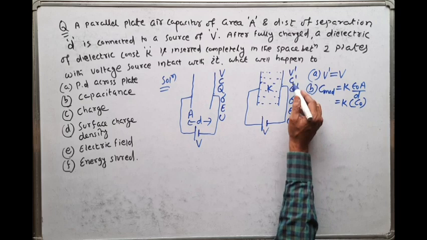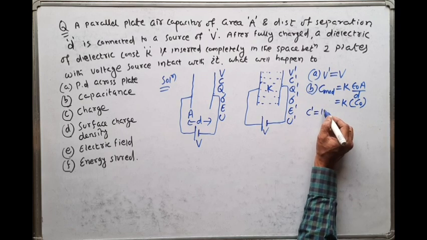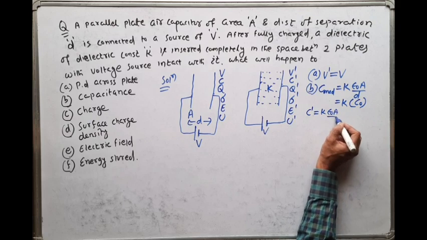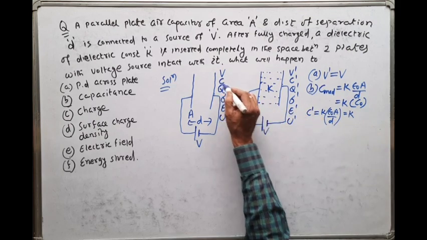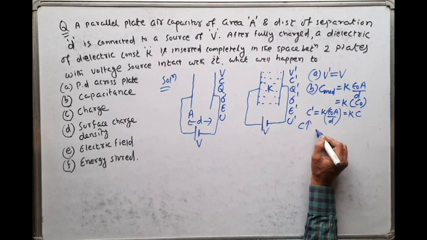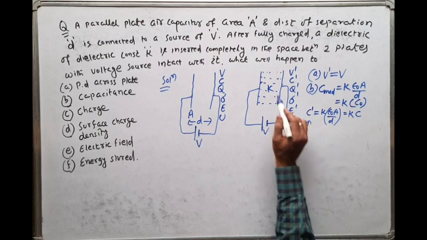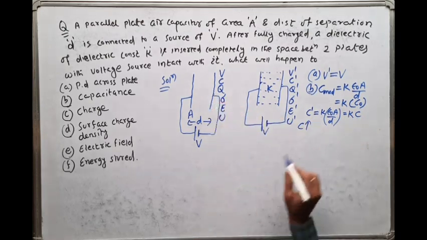Now we can say C dash, the new capacitance, is equal to K epsilon naught A by D, that is equal to K times the initial capacitance C. So capacitance increases K times that of the previous value.